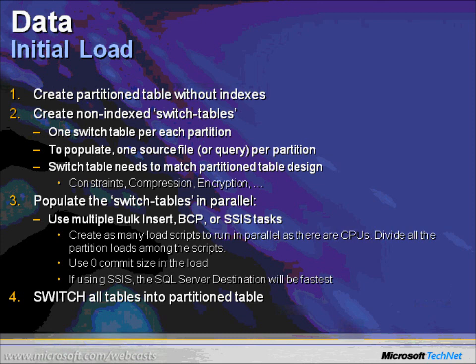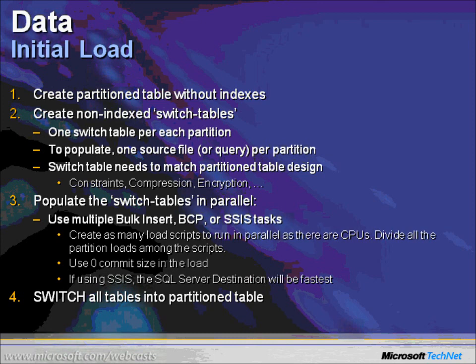Now, suppose that you want to load a very large partitioned table, do an initial load of that table. You have a multi-terabyte table and you want to load it for the first time. Here's a technique that can allow you to do that very quickly using partitioning. You create a partitioned table that has no indexes. Then you create non-indexed tables, one for each partition. I call these switch tables.